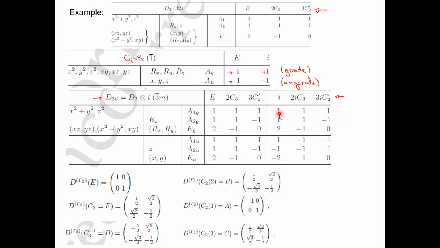Okay. So for the one-dimensional representations, this is trivial because the matrices are just numbers, and you only have to multiply the numbers. So you multiply A1 and A2 to construct the even representations.